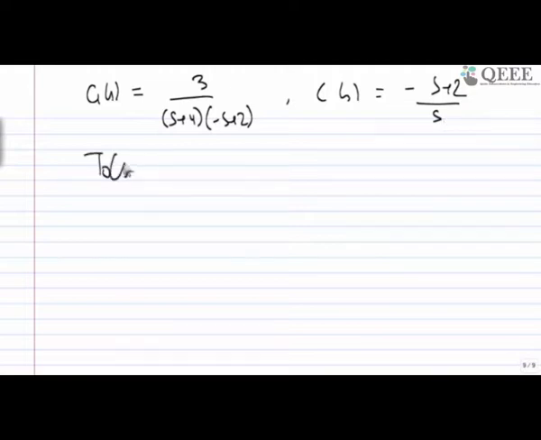So T naught of s is nothing but GC over 1 plus GC.